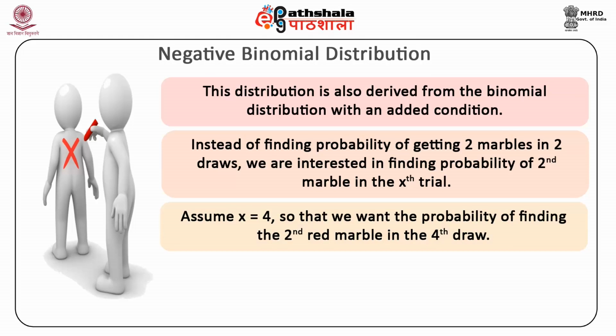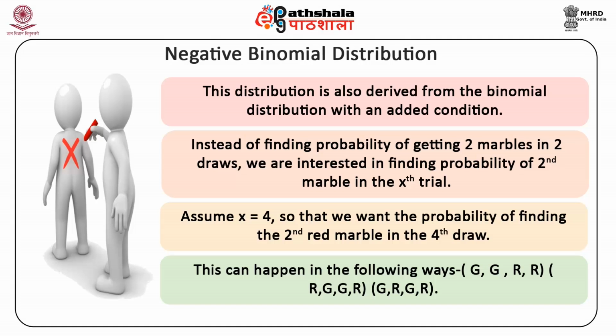Assume X is equal to 4, so that we want the probability of finding the second red marble in the 4th draw. Now this can happen in the following ways: G, G, R, R; R, G, G, R; G, R, G, R; and so on. The sum of the probabilities of these events gives us the required probability. Such an experiment is called a negative binomial experiment.